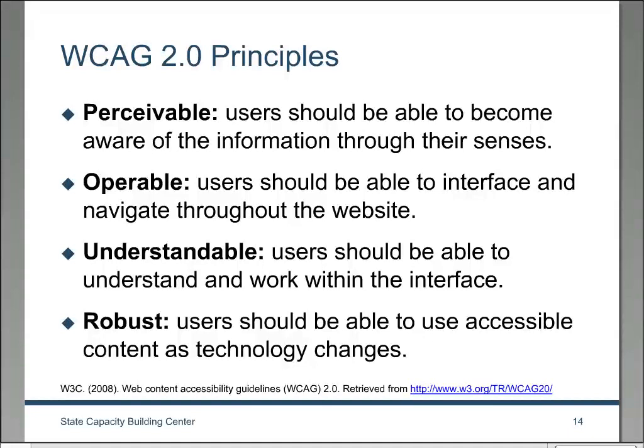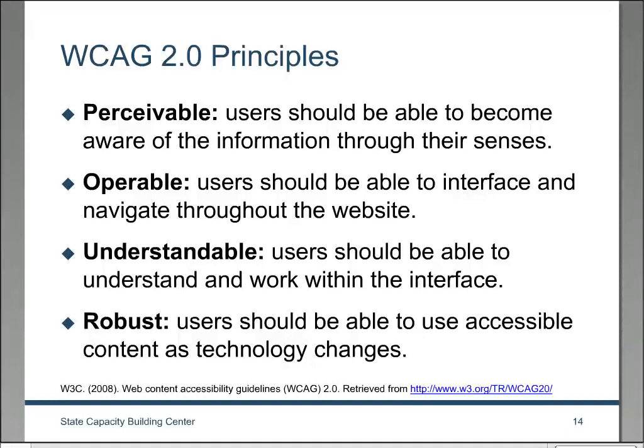Operable means that users should be able to interface and interact throughout the website. And an example is that a user who cannot use the mouse to access all functionality should be able to use keyboard jump keys such as the tab key, the space bar, the arrow keys.